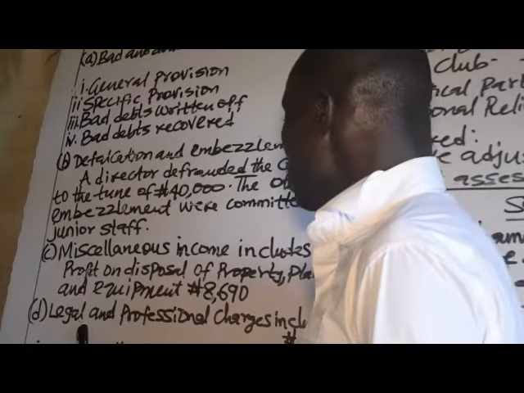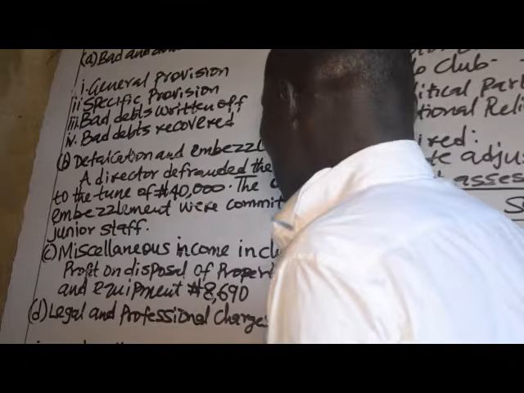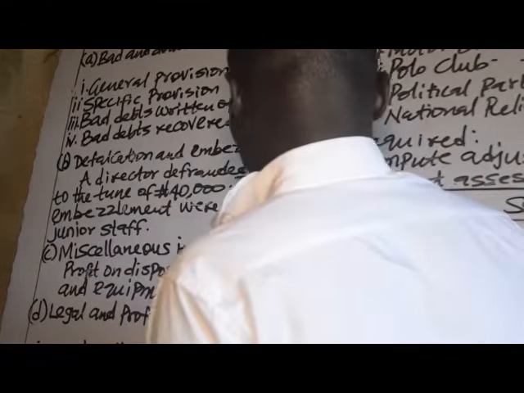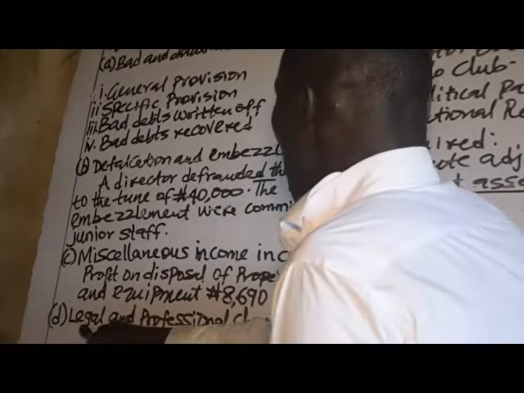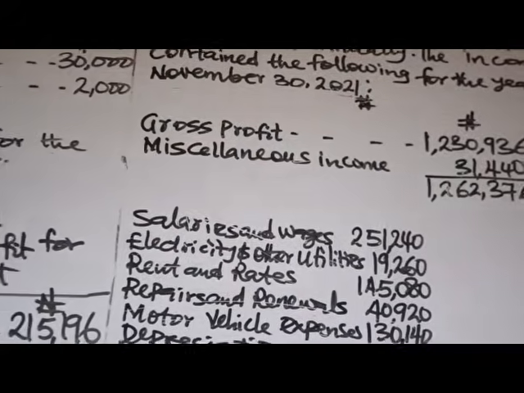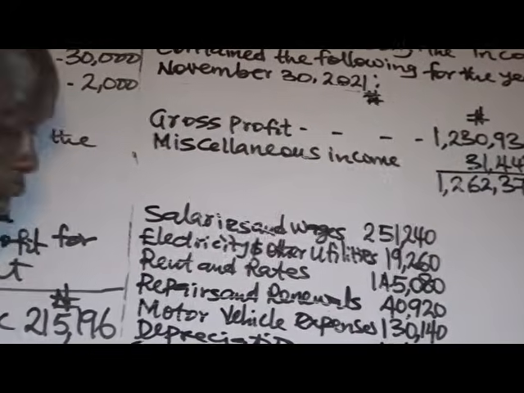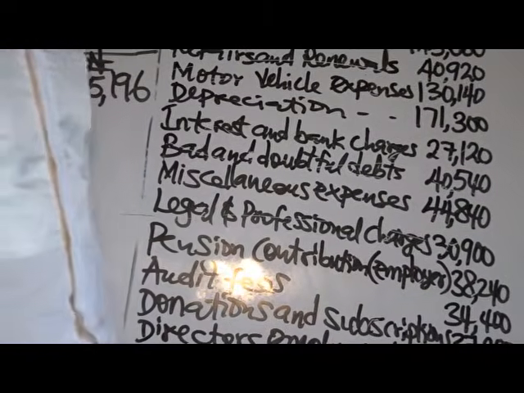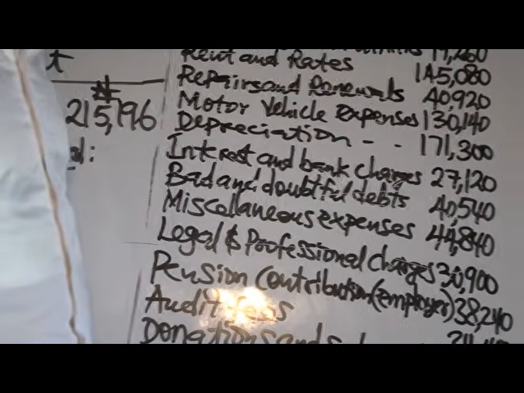Now, we have legal and professional charges include debt collection. You check your income statement. Do we have any item like legal and professional charges? So in our income statement, we have legal and professional charges of 30,900.